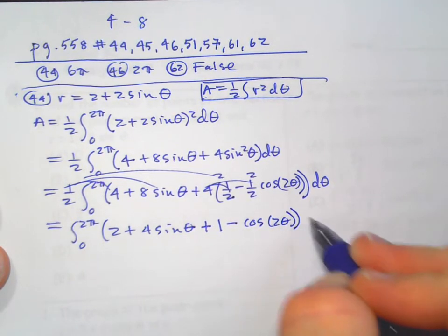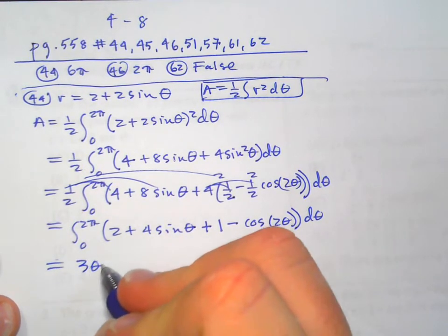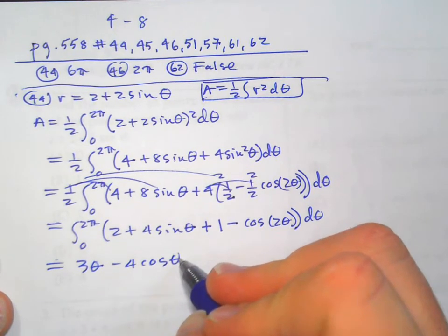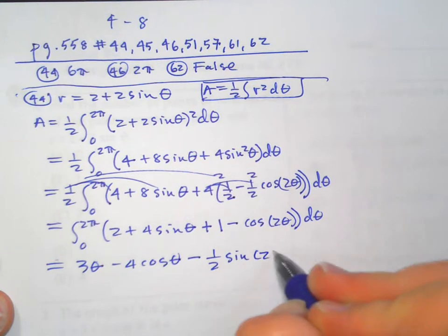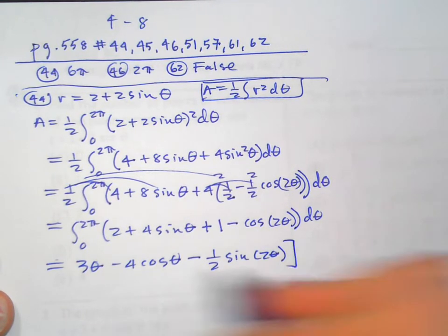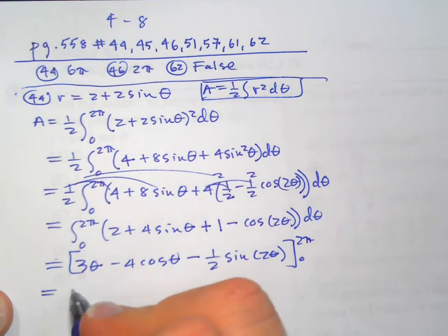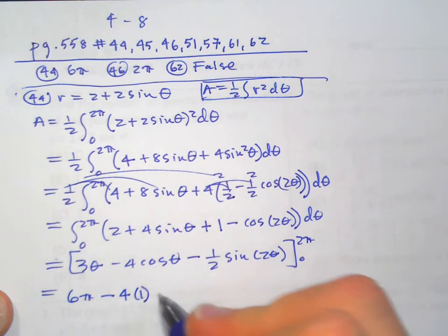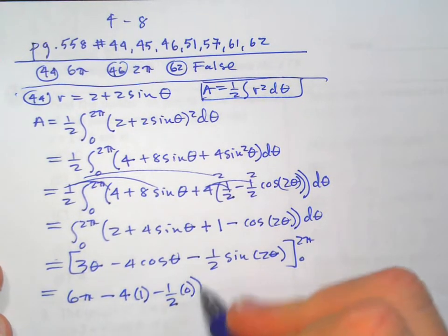Seems a little nicer. So let's integrate: 3 theta minus 4 cosine theta minus 1/2 sine 2 theta. So we still get a fraction in there, from 0 to 2 pi. Plug in 2 pi and you get 6 pi minus 4 times cosine 2 pi, which is 1. Sine of 4 pi is 0.